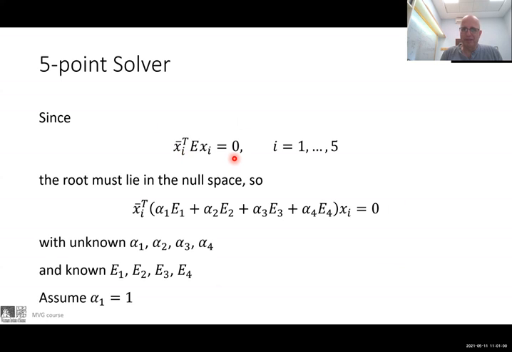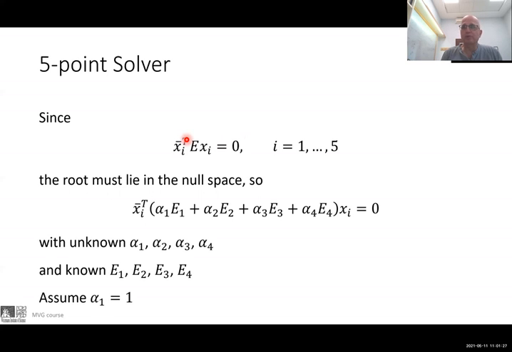These 5 equations are 5 linear homogeneous equations in E, where E has 9 components. It's a vector in R9 or a 3x3 matrix. This means that the solution must lie in the null space of these 5 equations, so it's in a 4-dimensional space.